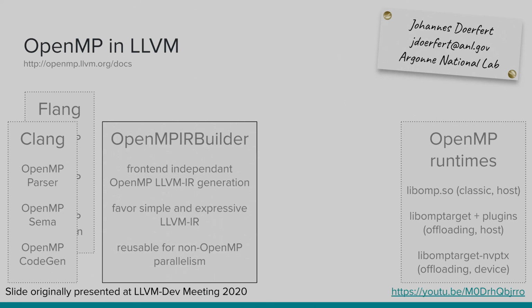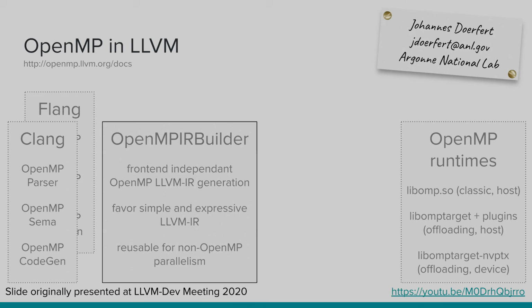So as part of the development of Flang, we're also building this OpenMP IR builder, which is a front-end independent OpenMP LLVM IR generation that favors very simple and expressive LLVM IR, in order to make it easier for analyses and optimizations to work with that LLVM IR.